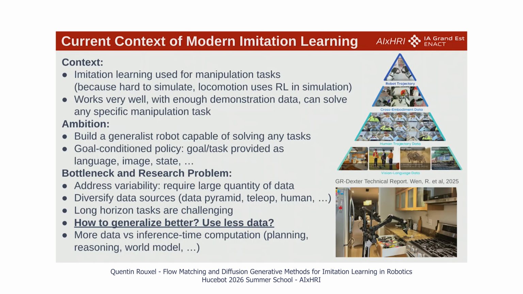This is the variability about the task, but there is also variability about the environment. Maybe the lighting will be a bit different, maybe the color or the appearance of the object will be a bit different. So to handle all this variability, there is no other solution than creating a large quantity of data. And usually, the bottleneck of such methods is the availability of data to train this model.